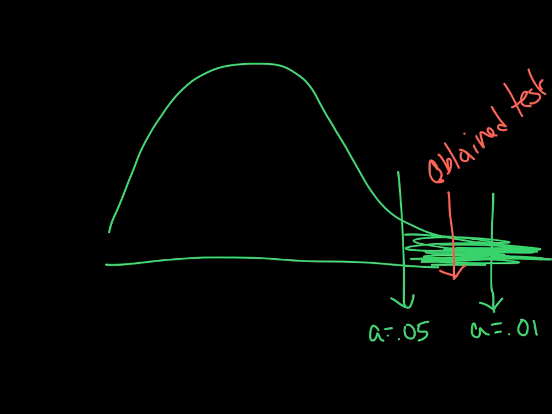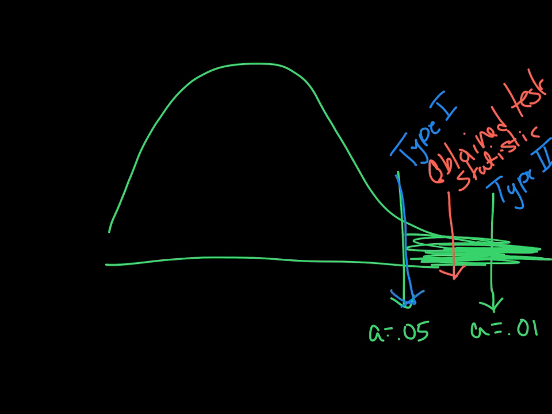Doesn't matter what it is. That means in this case here, we have a type 2 error. But in this case, we have a type 1 error. Because right here, it's significant. So it's possible it was significant because we used 0.05. But right here, it's not significant. And it's possible it's not significant because we used 0.01 instead of 0.05.